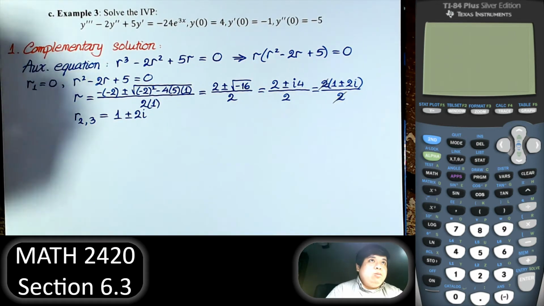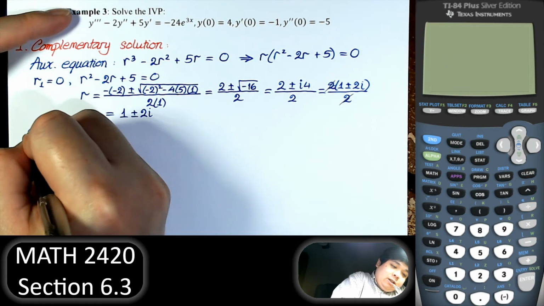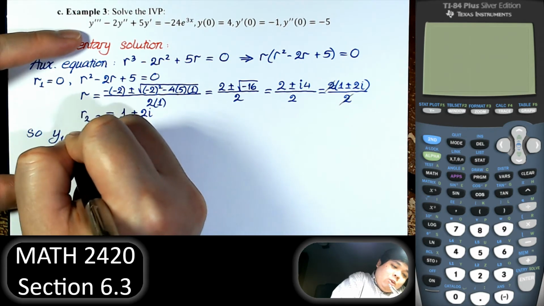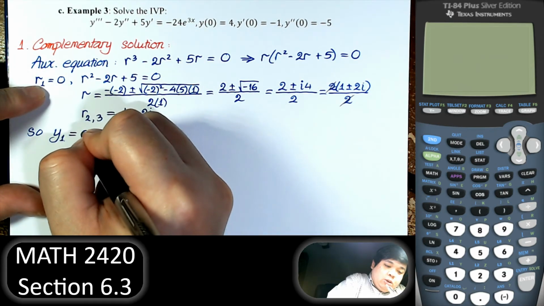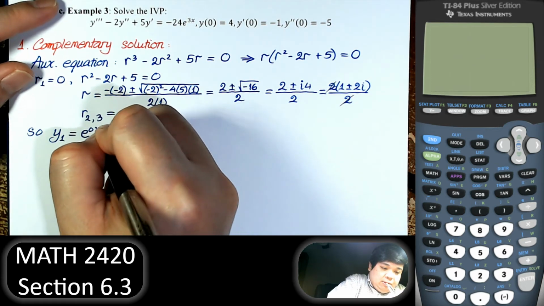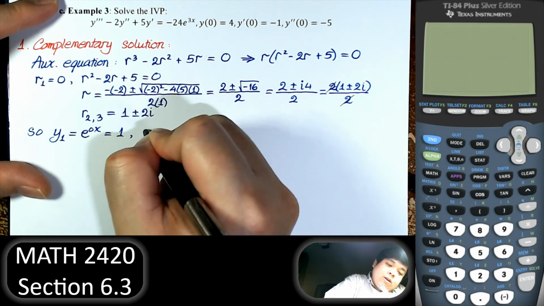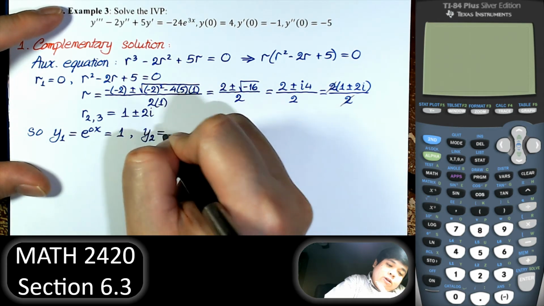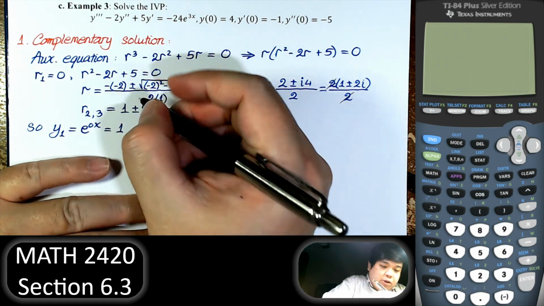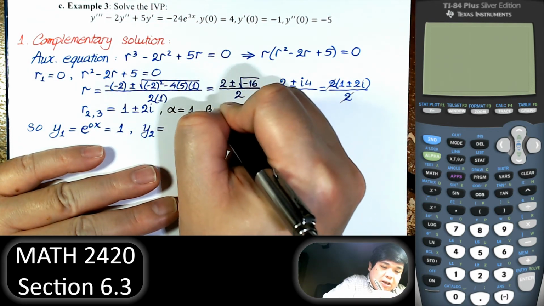Right, so those are the solutions, and from there we write y1 equal to e to the r1 x, which is 1. y2, for this one, alpha is equal to 1, beta is equal to 2.